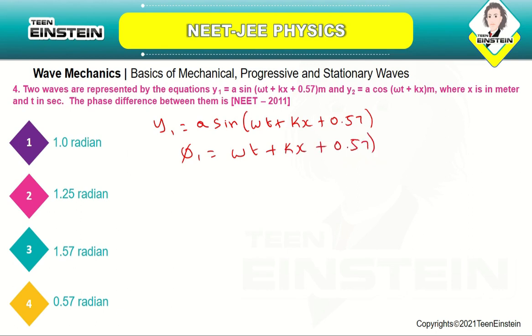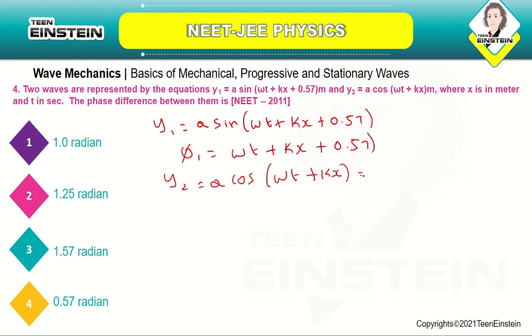So this is phi 1, and similarly y2 is equal to a cos omega t plus kx.